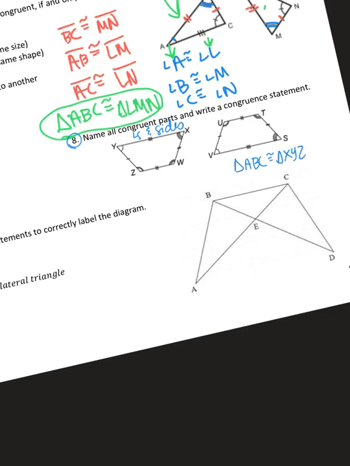Okay, when we have polygons that have more than 3 vertices, all you do is pick a polygon and pick a vertex. So I'm going to start with U. And you just move around it either direction. So we call this UTSV. All right, or maybe you could start with TSVU. Okay, but you pick one vertex and you go around it.